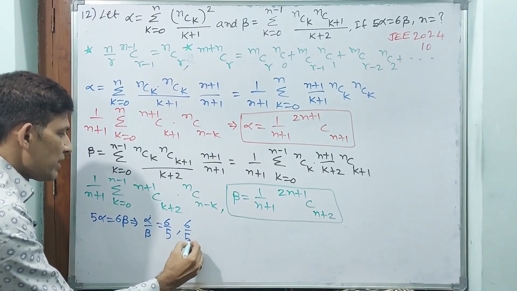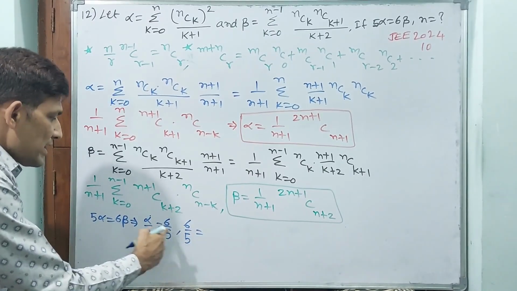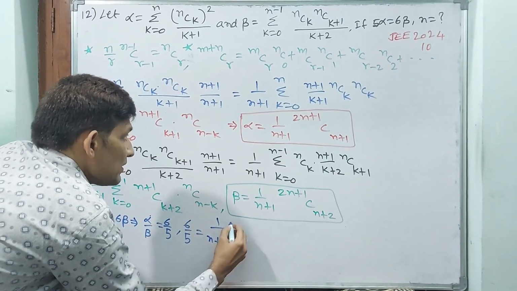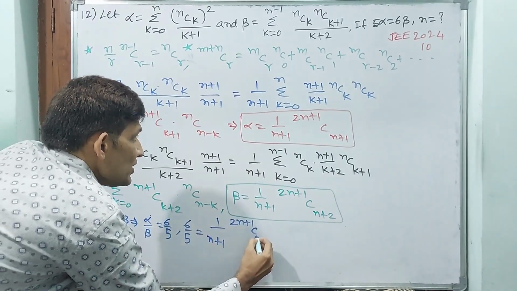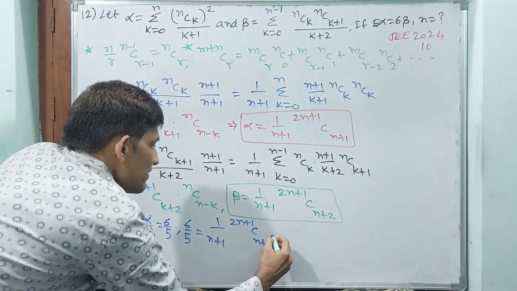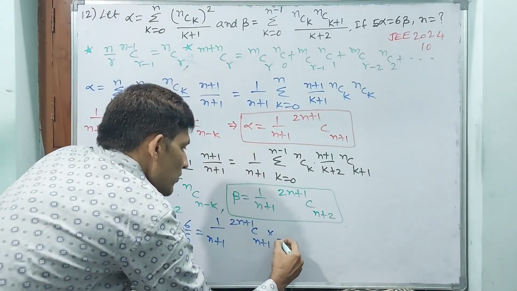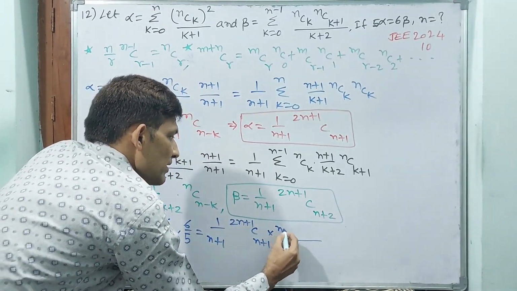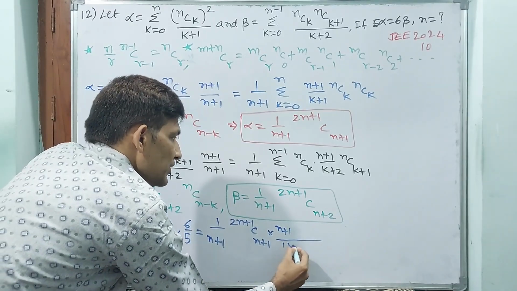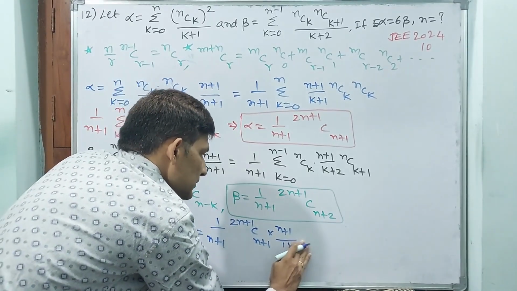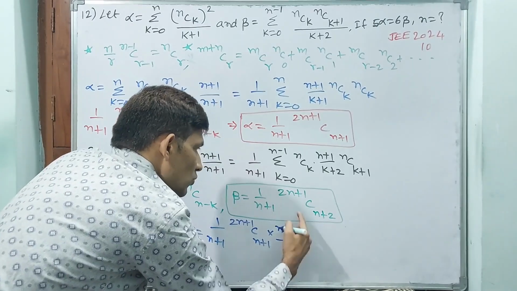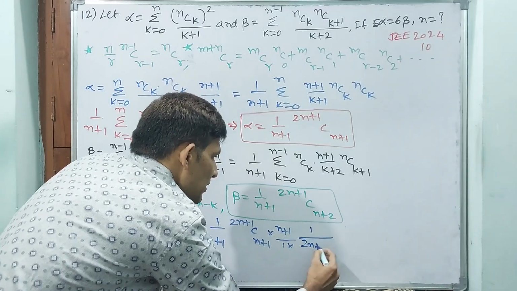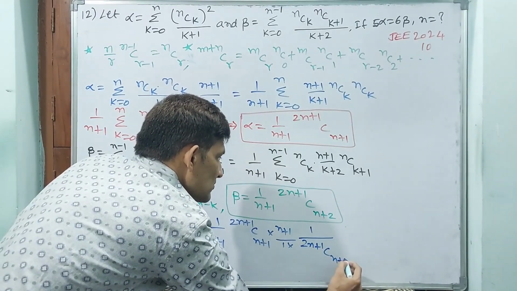In the numerator I am going to write alpha: 1/(n+1), (2n+1)C(n+1), divided by beta: 1/(n+1), (2n+1)C(n+2). That means you only have to write 1/(n+1).